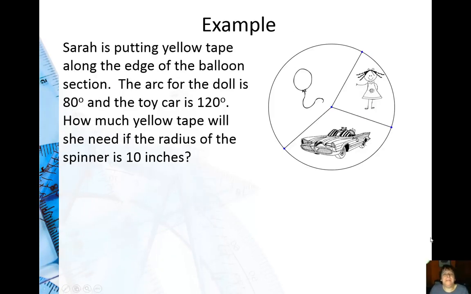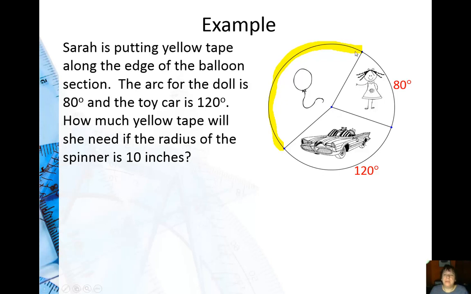Now we're going to look at an example for arc length. Sarah is putting a yellow tape along the edge of the balloon section, so that's right here. The arc for the doll is 80 degrees, and for the toy car is 120 degrees. The question is, how much yellow tape will she need if the radius of the spinner is 10 inches? So I know the distance from the center to here is 10.